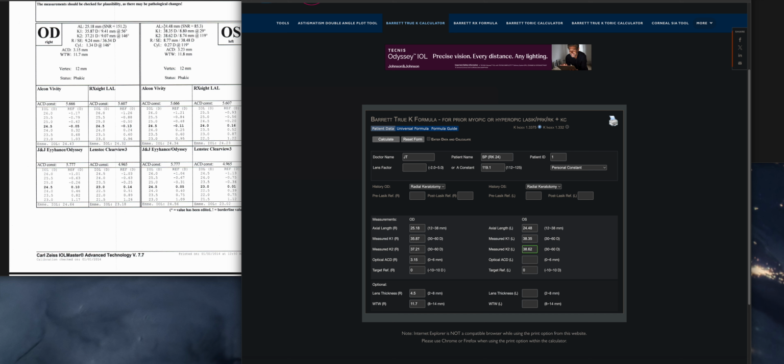This is 0.7 millimeters different. That's huge. So definitely we want to rescan this. This definitely needs to be scanned on the IOL Master 700. And you've got almost 3 diopters of difference between the K's here on the right and the left eye. So this is wonky. Might be true. We just need to double check here.